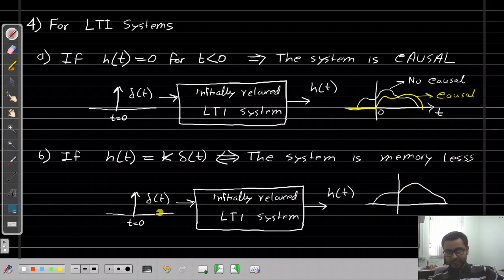Here the input is gone, the input is 0, but its effect still persists. So the system remembers what happened earlier. So this is a system with memory.